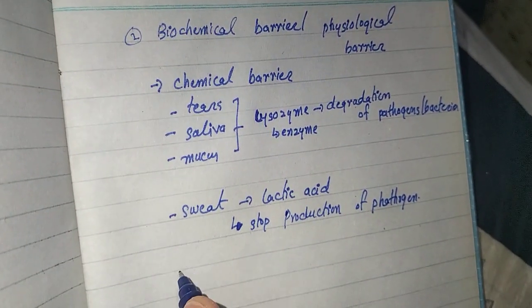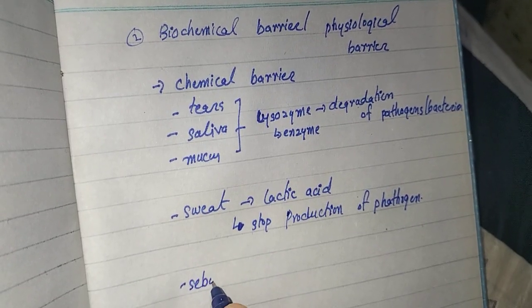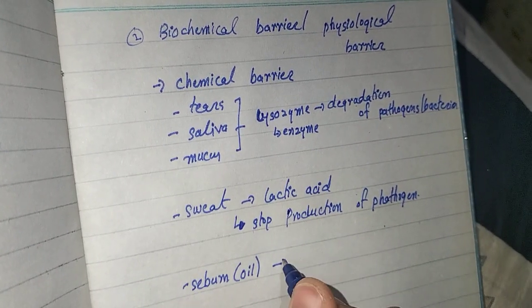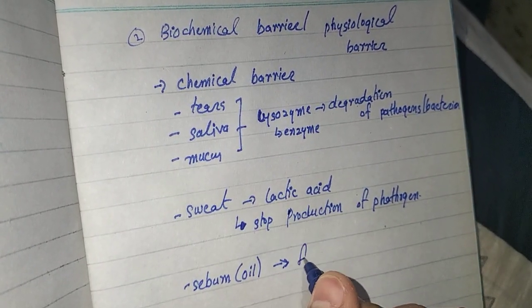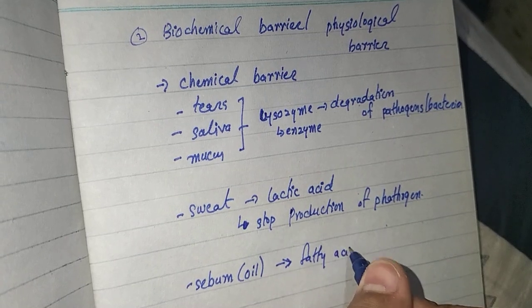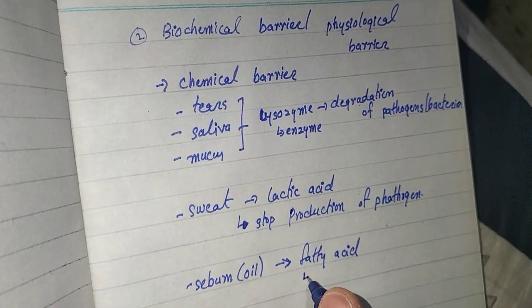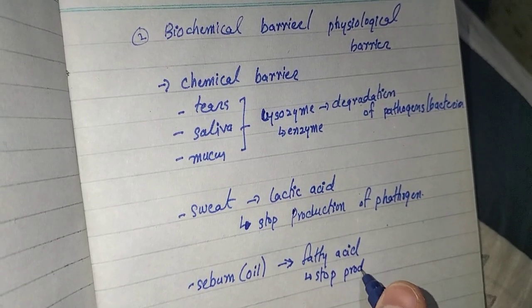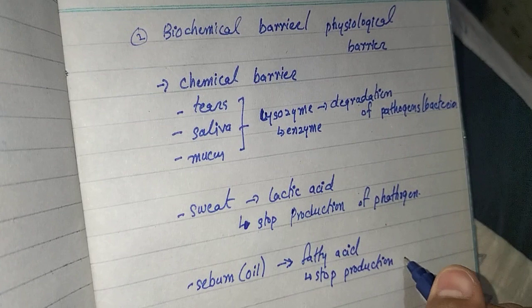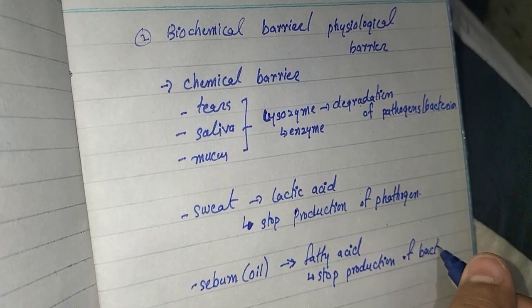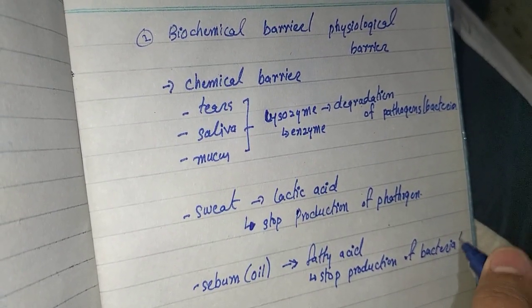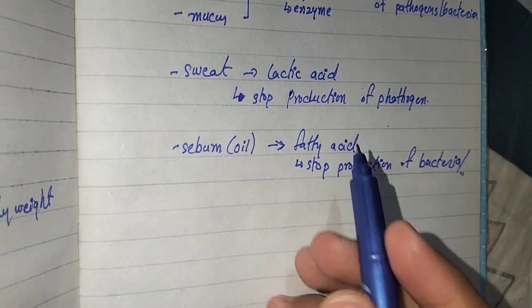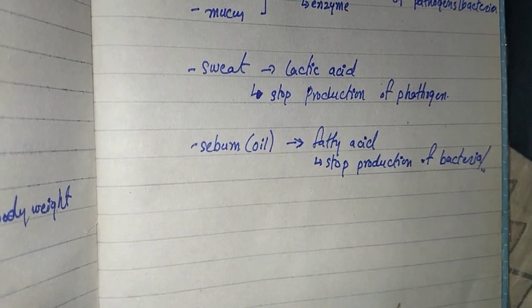Next we have sebum, an oil-like substance consisting of fatty acids, which also stops the production of bacteria or pathogens.